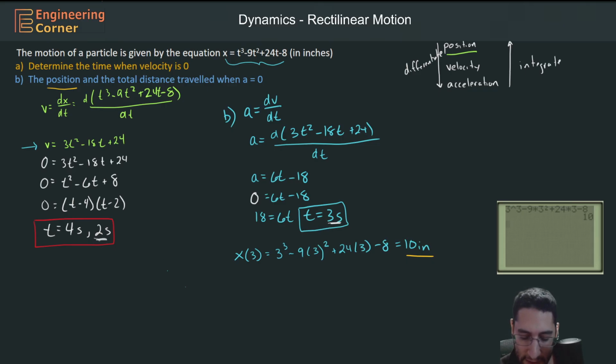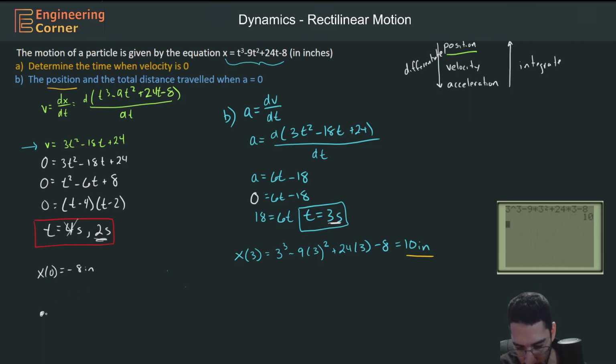We'll have to look at what is happening at 2 seconds because our velocity is changing. But we don't care right now about 4 seconds because that's outside the scope of when our acceleration is equal to 0. So let's start right here. At time 0, where are we? We know that we're going to be at minus 8 inches. So x of 0 is minus 8 inches.